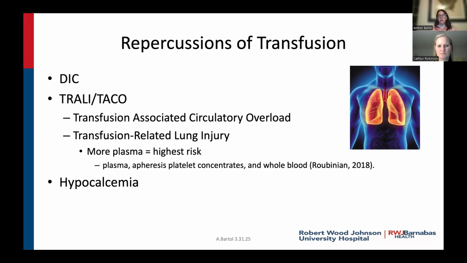Some of the things that we see go wrong, like we talked about before in the trauma diamond, is hypocalcemia. So that's why we want to give an amp of calcium about every 2 to 3 units. You can give calcium gluconate or calcium carbonate. They don't really have a difference, I guess.